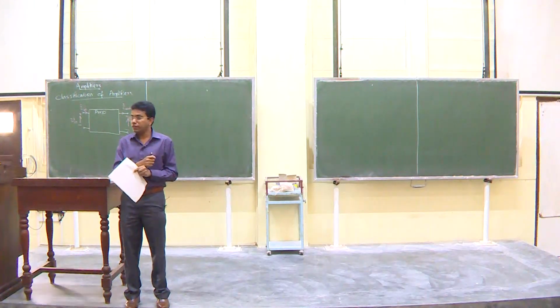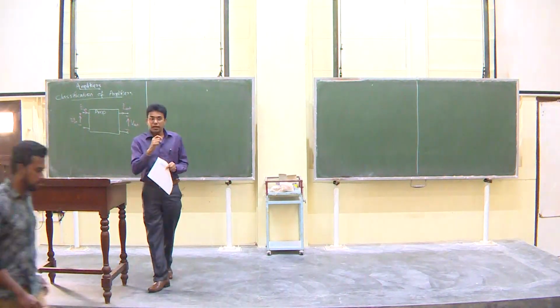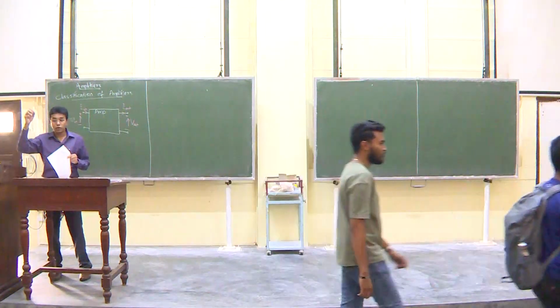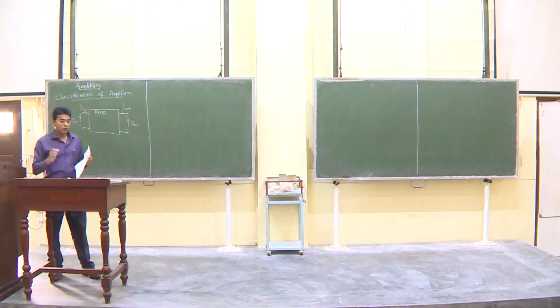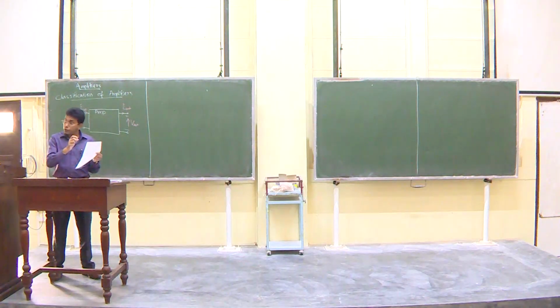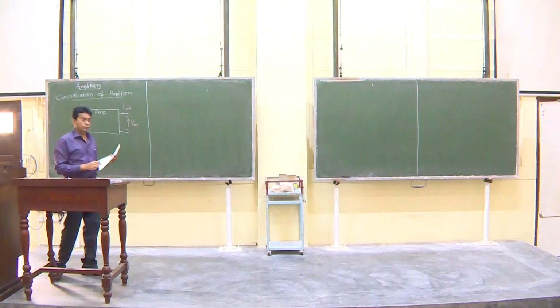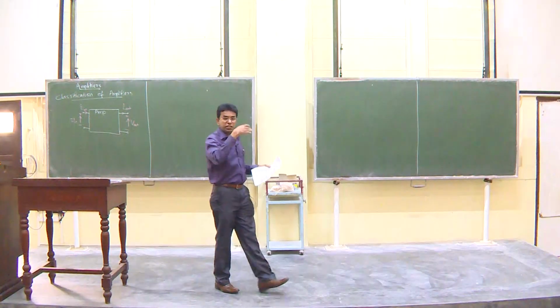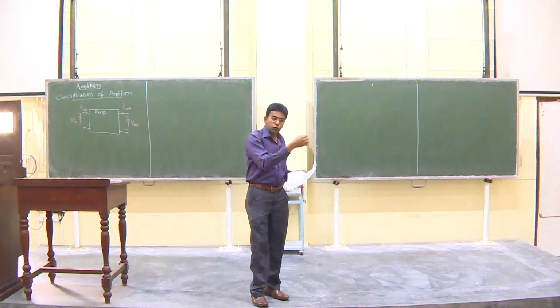So V in times I in has to be less than V out times I out. I can input a voltage, but the output can be a current. In that case, in addition to increasing the power, it has changed the variable from a voltage to a current.